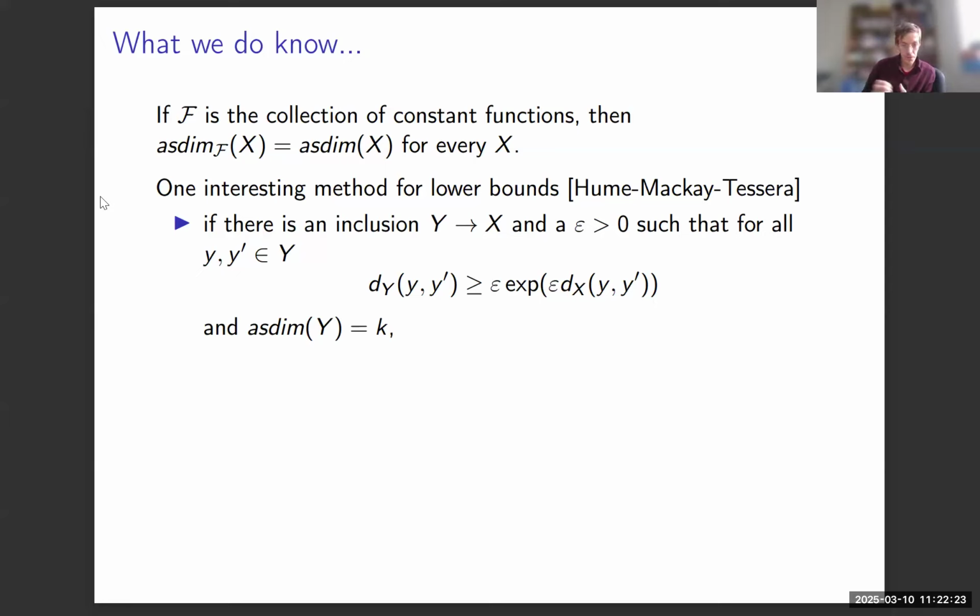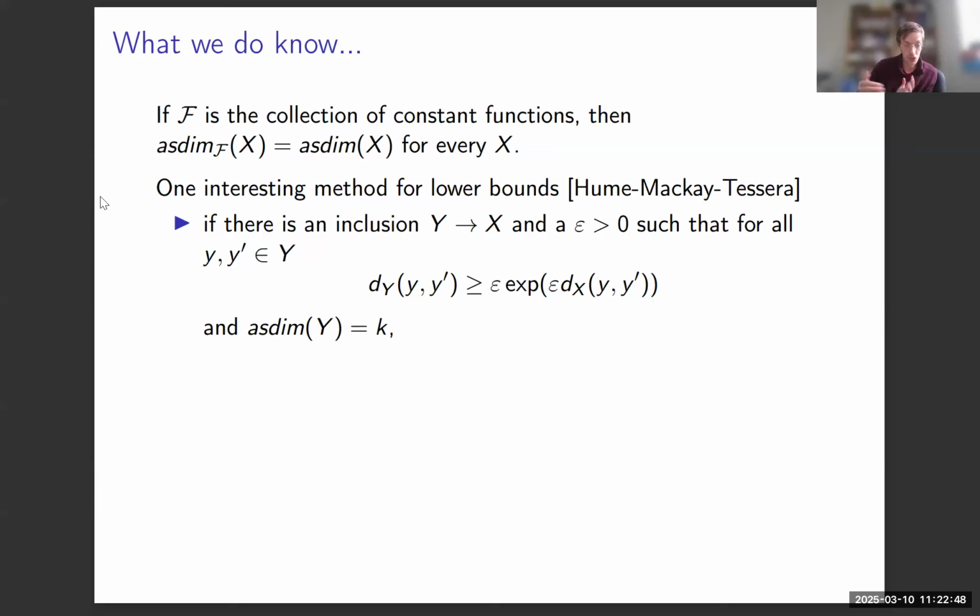So if you've got an inclusion of graphs and an epsilon positive such that this equation holds, what does that mean? Well, the way we'd more normally write it is by taking logarithms and doing things the other way around. We'd say that y is exponentially distorted in x. Okay, so examples of this are a horocycle in real hyperbolic space.